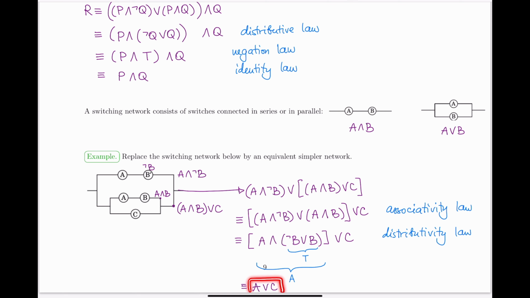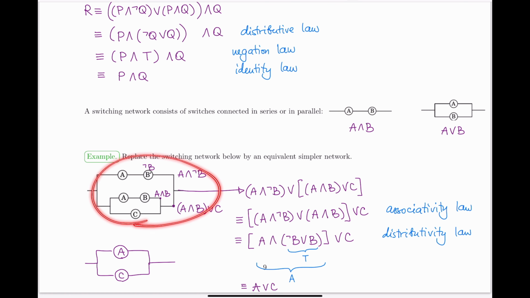If I am to draw A or C, I have to think of the parallel construction, and then I can say that this network is equivalent to the network where I have switches A and C connected in parallel. Notice again how powerful this is as a tool. I have a complicated switching network that I can show is equivalent to a much simpler one.